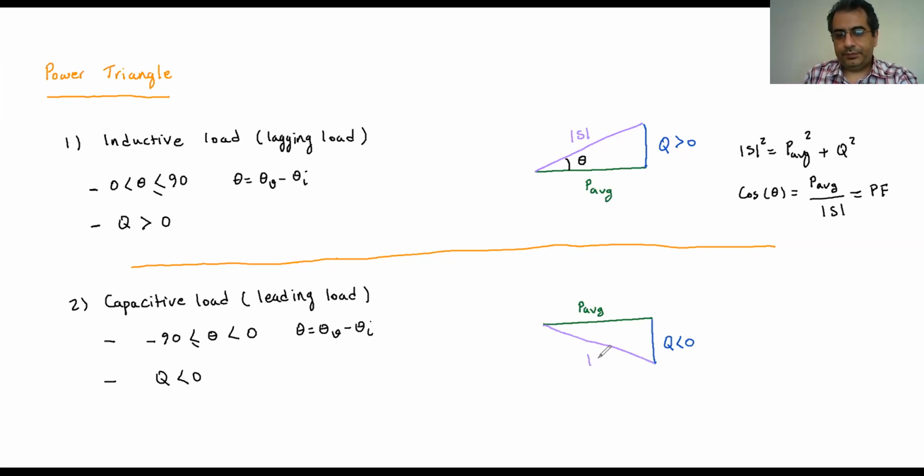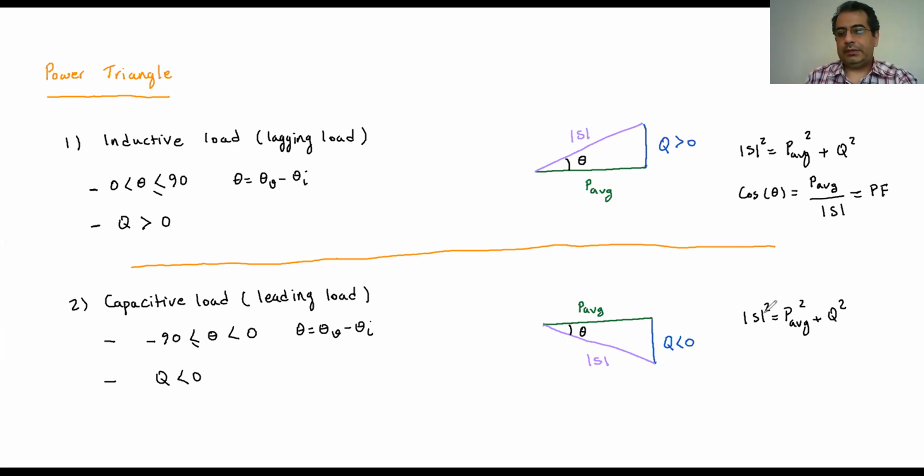Similar to that, again, you can see S squared is P average squared plus Q squared. And then this is going to be the theta here. This time it is negative because it's rotating clockwise.